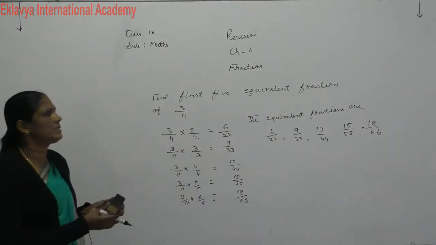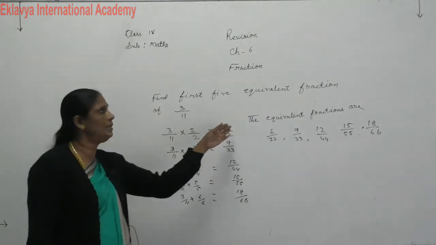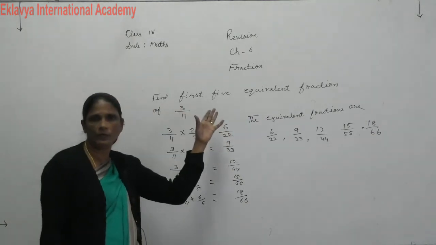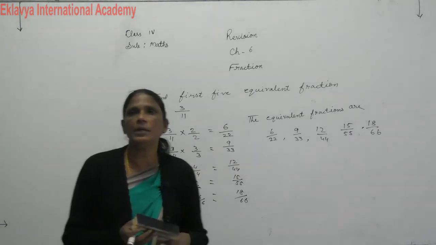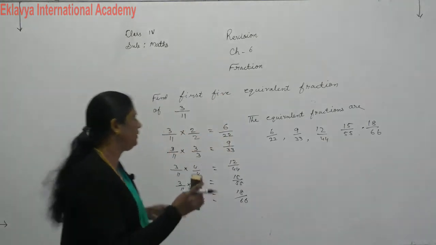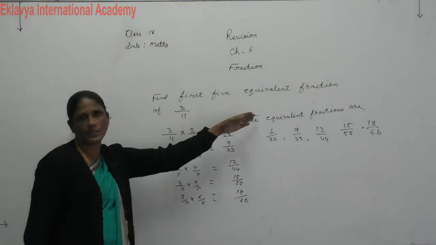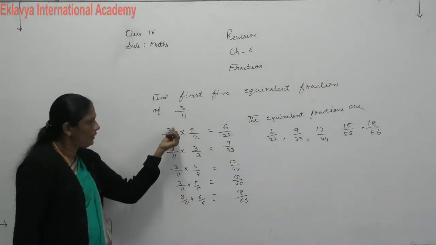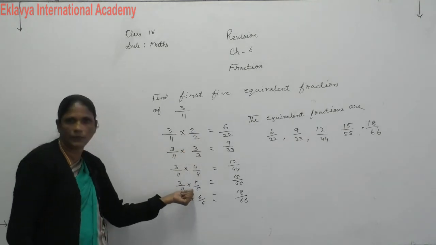Do you understand? This is how we find equivalent fractions: we multiply the numerator and denominator by the same number. If the question asks for the first 4 equivalent fractions, you multiply 3 by 11 by 2 by 2 up to 5 by 5.